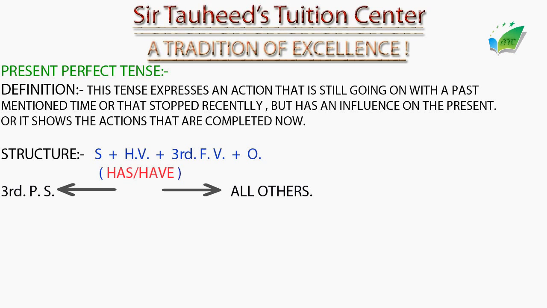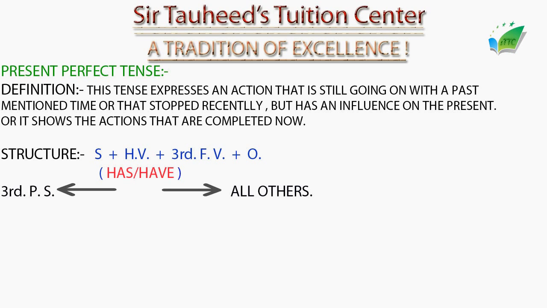So let's have a look at its definition. First of all, this tense expresses an action that is still going on with a past mentioned time, or that stopped recently but has an influence on the present.